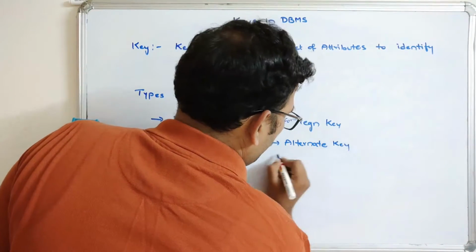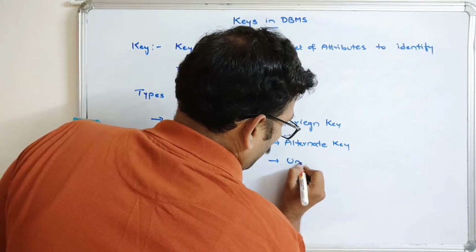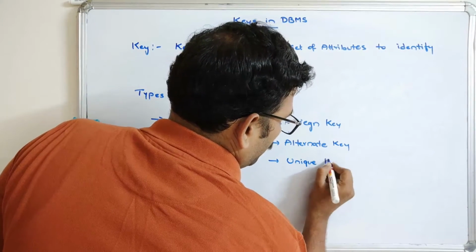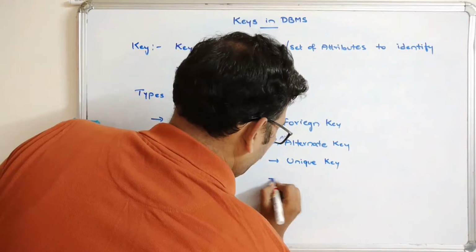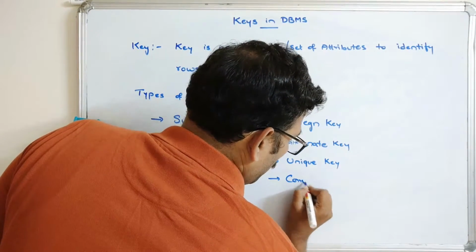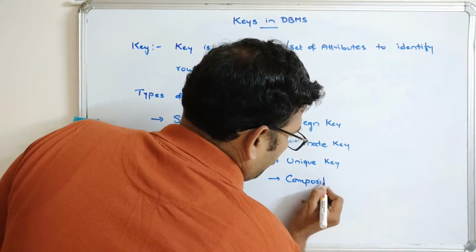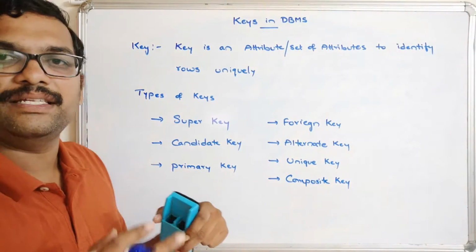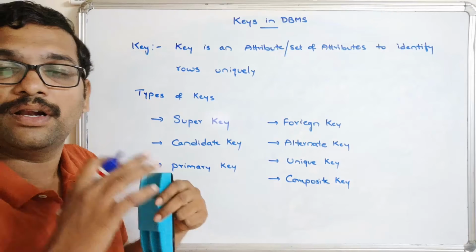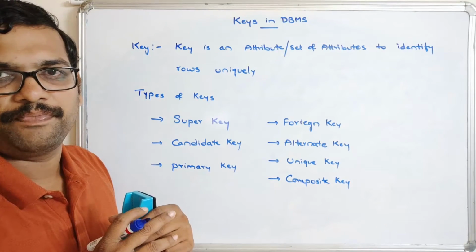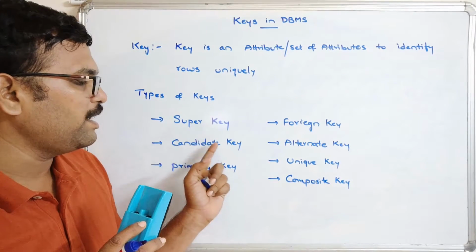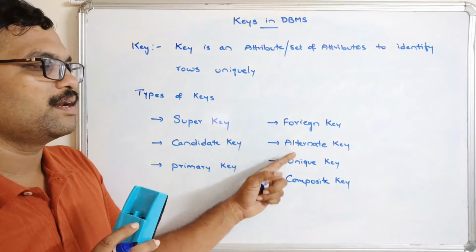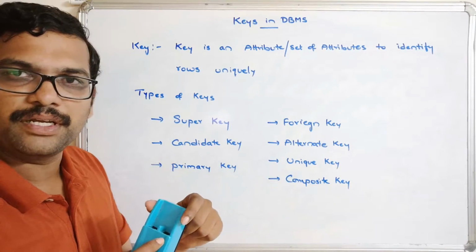Alternate key, unique key, and composite key. So these are the different categories of keys which we are going to use in our relational database system: super key, candidate key, primary key, foreign key, alternate key, unique key and composite key.